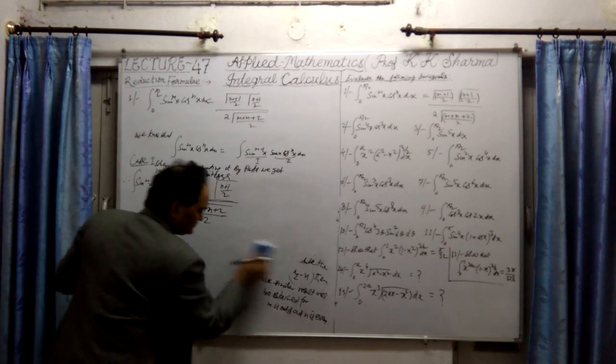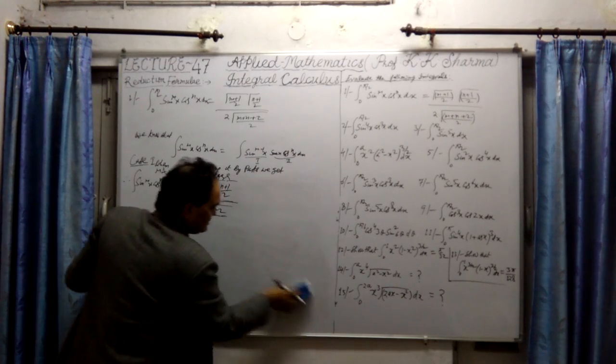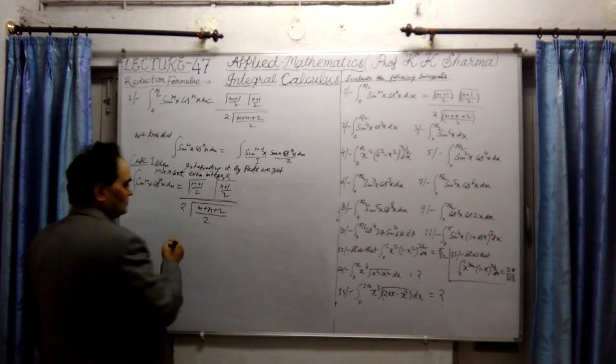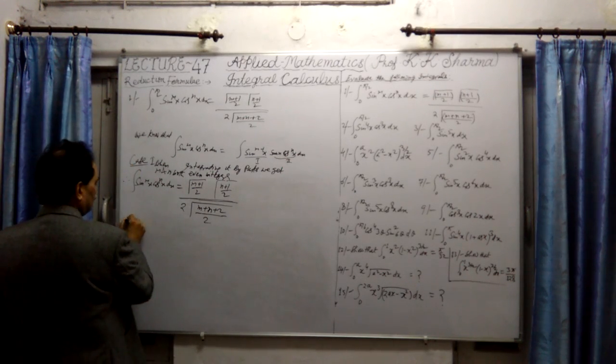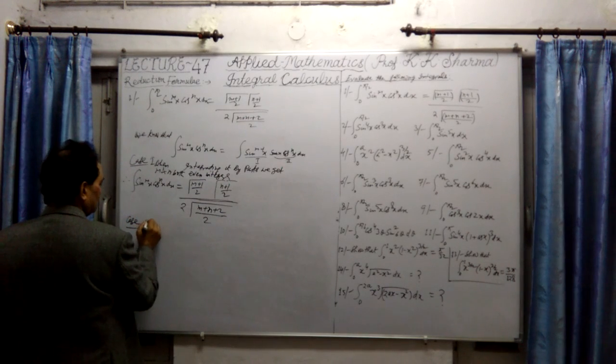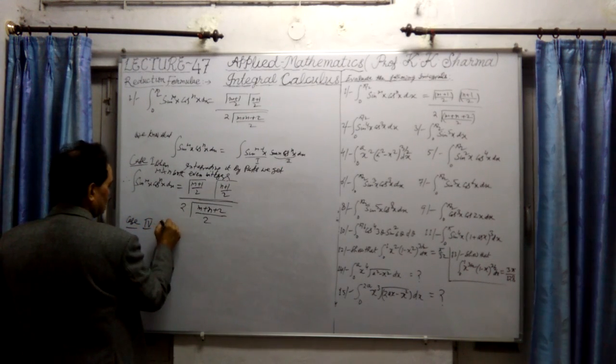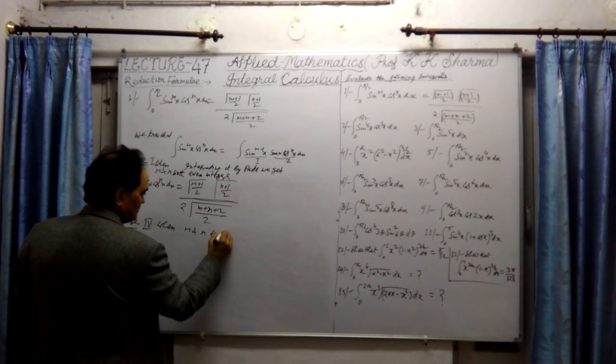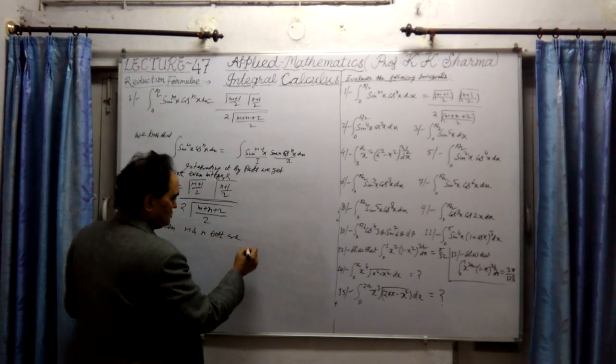Now, when both m and n are odd, what will it be? This is case number 4, when m and n both are odd functions.